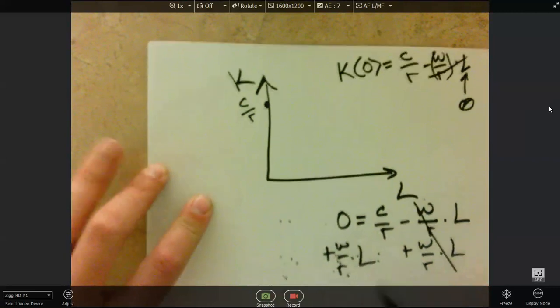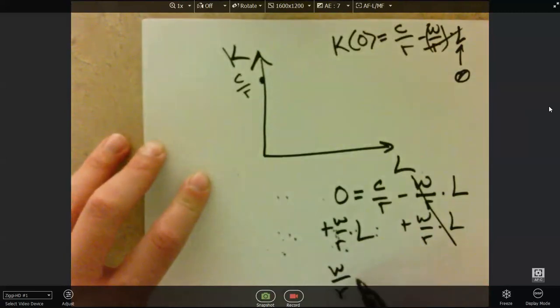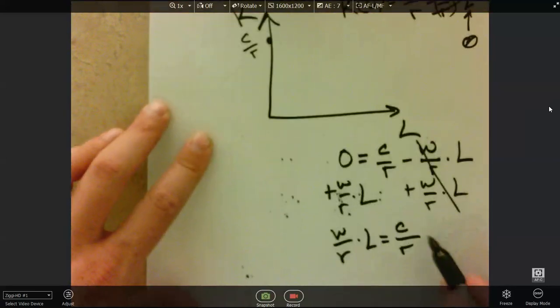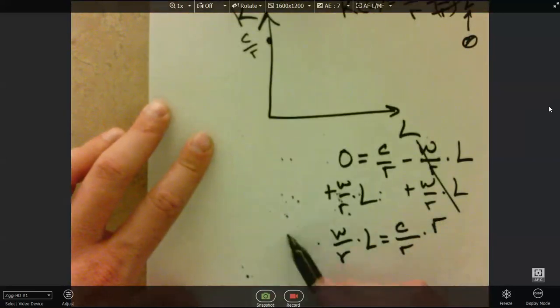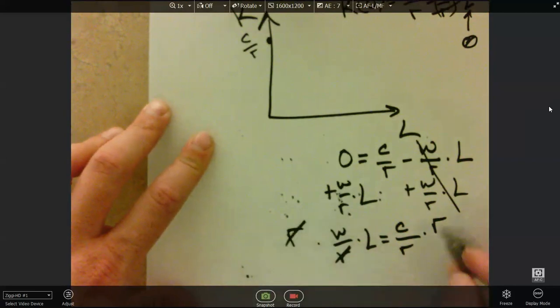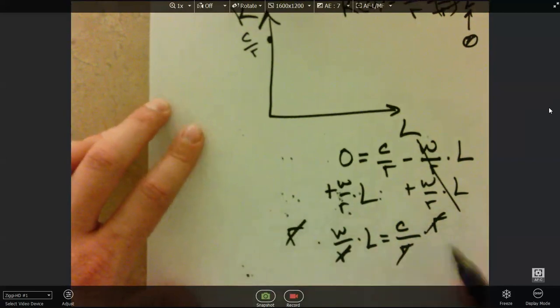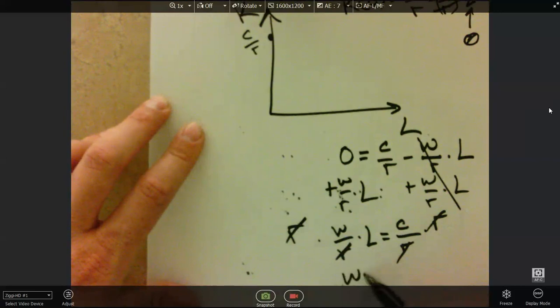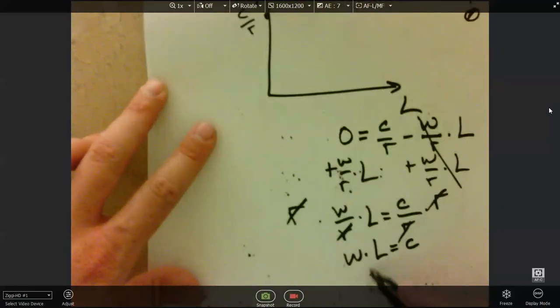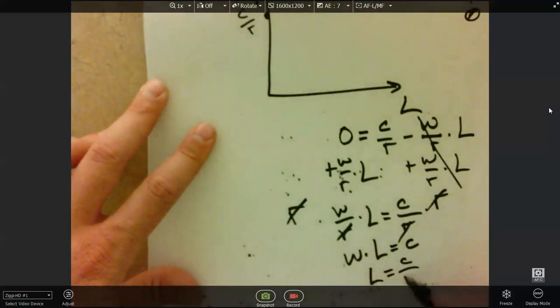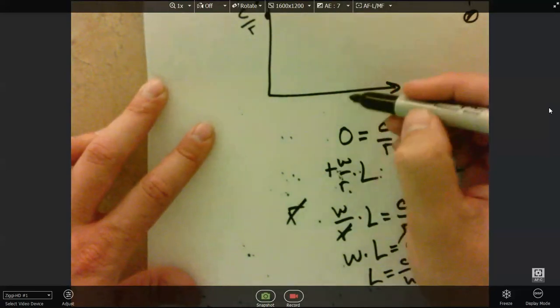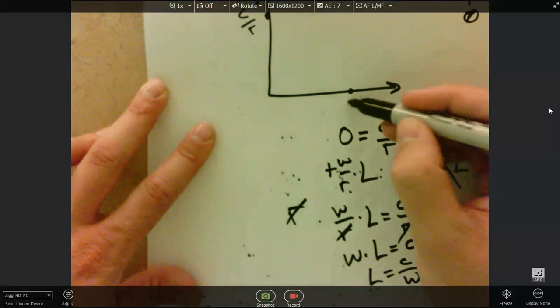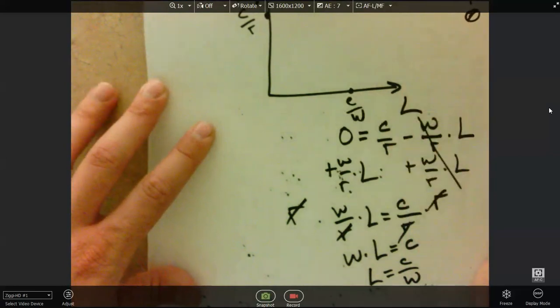These annihilate each other. We get W over R times L equals C over R. We can go ahead and multiply both sides by R to cancel out those ones on the bottom. And we end up with W times L equals C. And then we end up with L equals C over W. So that's our L-intercept, C over W.